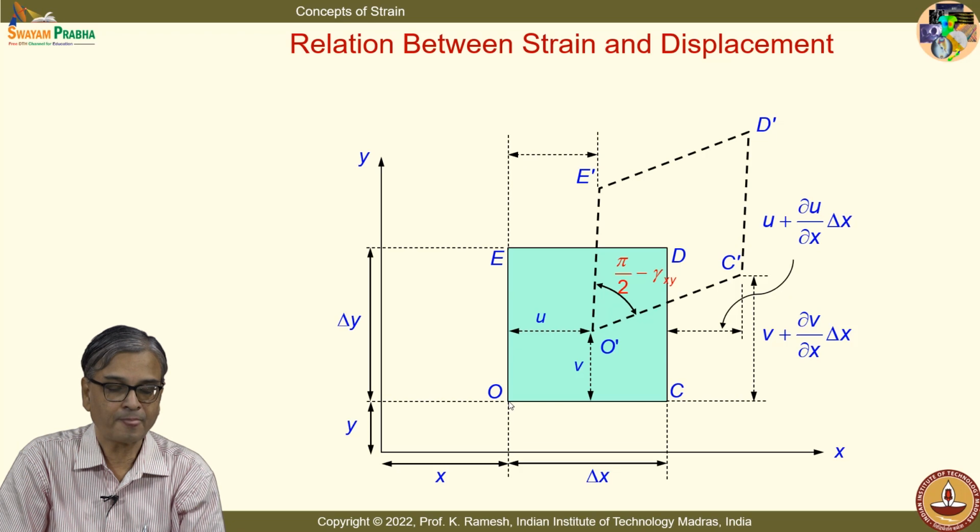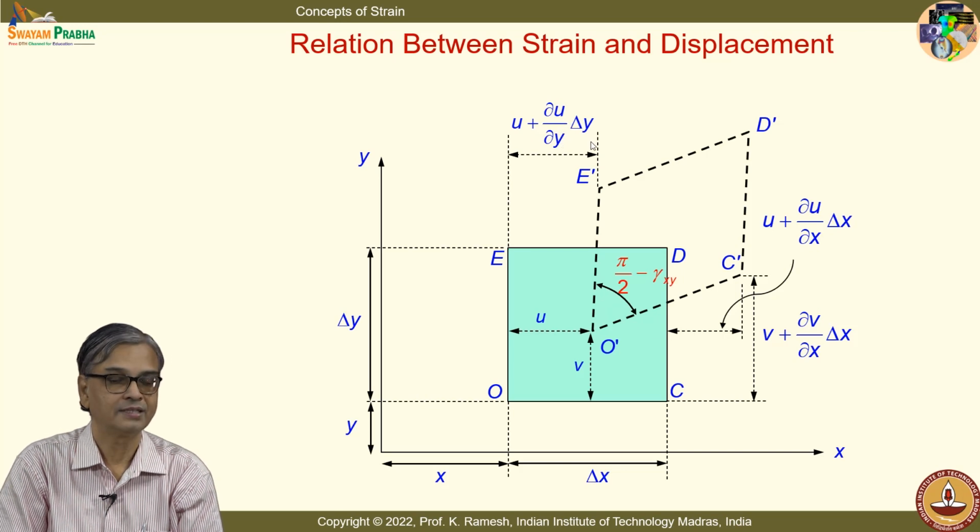The point O has moved to O prime, E was at the same x position and has moved to E prime, and they are separated by delta y. So, I have this as u plus dou u by dou y delta y. And the vertical distance is v plus dou v by dou y delta y.